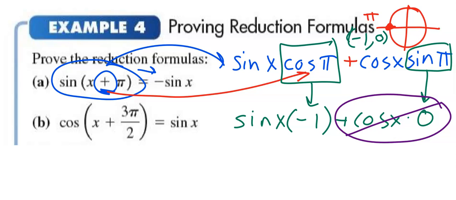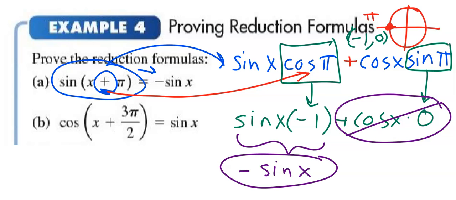You know that multiplication by 0 is going to destroy that term. So what are we left with? Negative sine x. Folks, that's exactly what we were supposed to be left with, remember? In these proofs, they show us exactly what we're supposed to end up with.